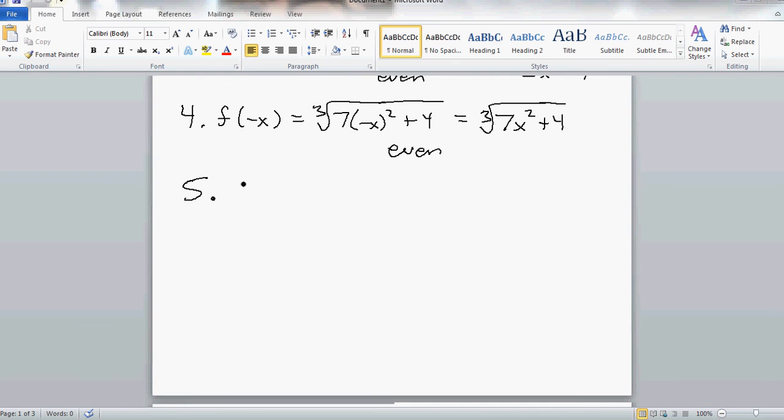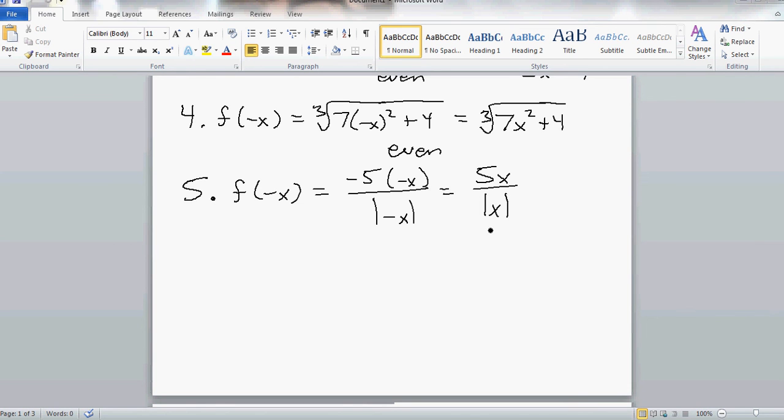Example number 5, we need to find f of negative x. That would be negative 5 times negative x, all over the absolute value of negative x. Negative 5 times negative x is 5x, and the denominator becomes the absolute value of x.